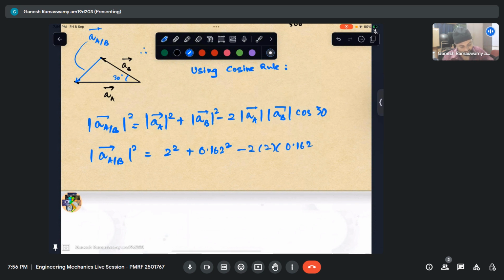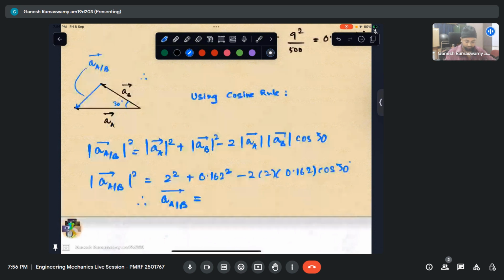So therefore acceleration of A with respect to B comes out to be 1.86 meters per second squared.